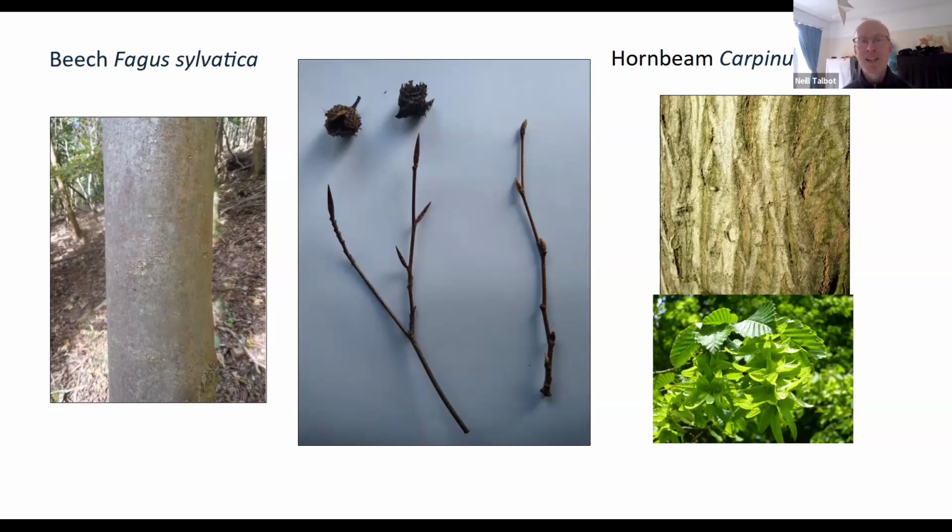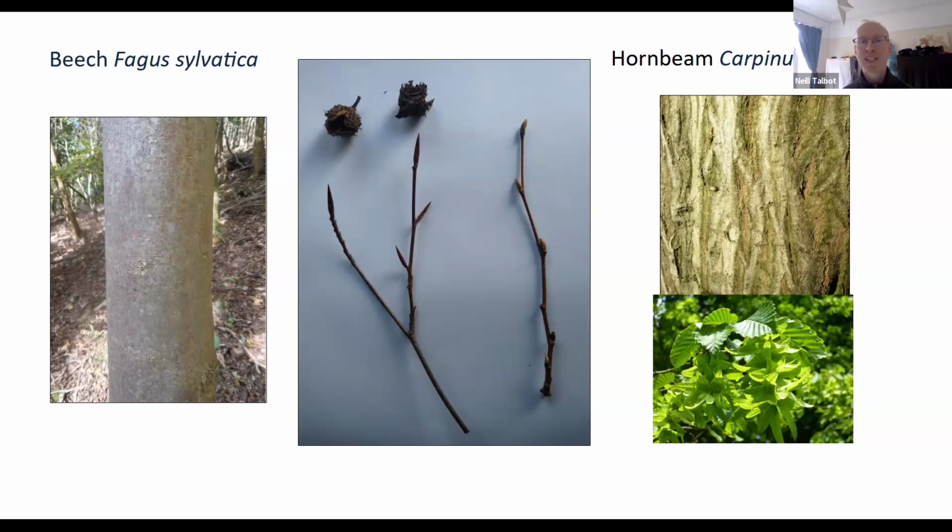And hornbeam has similar shaped buds, but they're not as long and pointy, they're not as big, and they are more adpressed, so they're onto the side of the twig. They don't stick out at as much of an angle. And both of these species, as you can see, are alternating up the stem. They're not opposite each other.